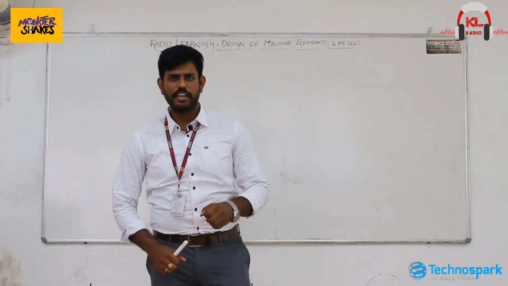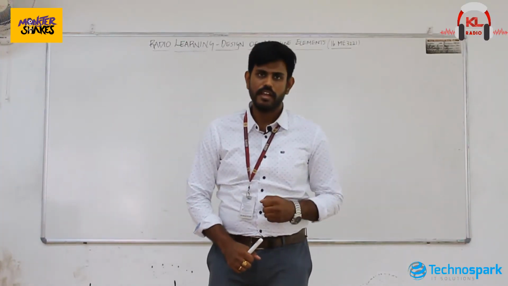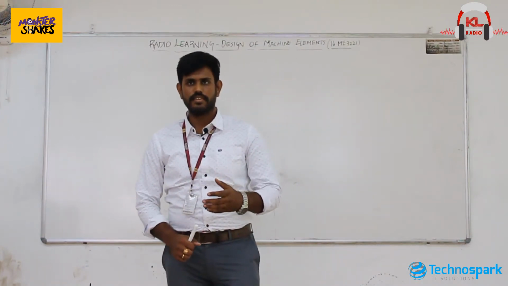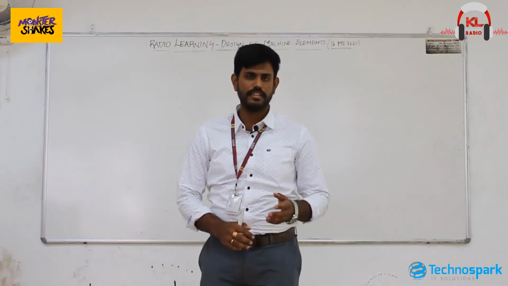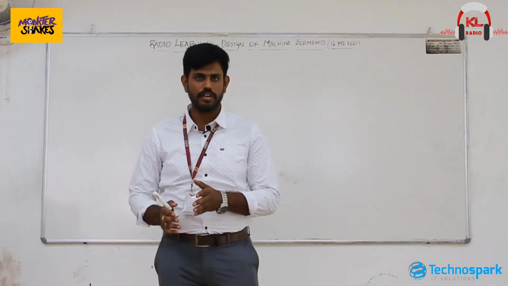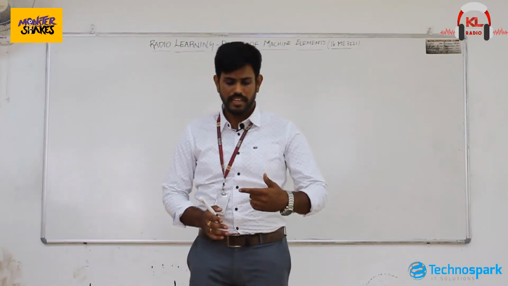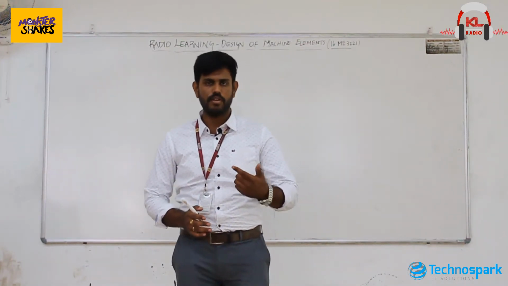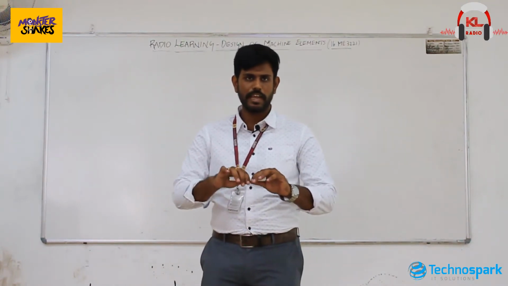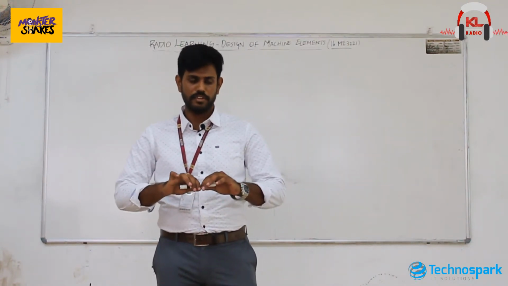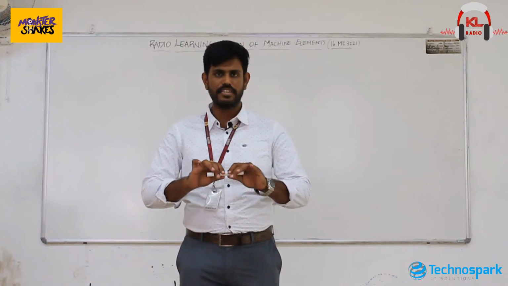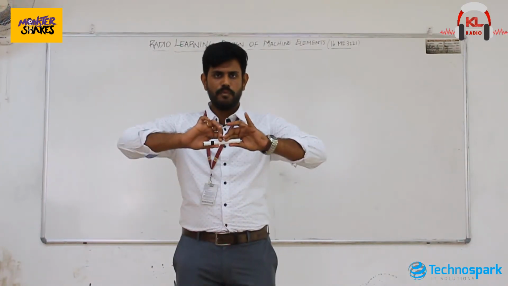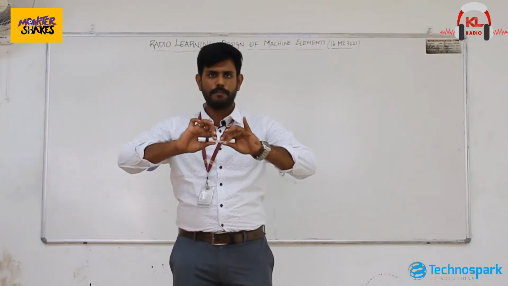We are discussing fatigue loading, and fatigue loading means the load is not constant, unlike static loading, and the load is changing for every cycle. For example, take the load required to break a copper wire used for electrical purposes. The electrician will apply force in the upward direction and downward direction to break that particular copper wire.